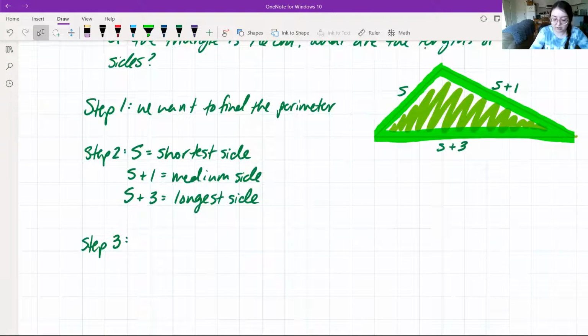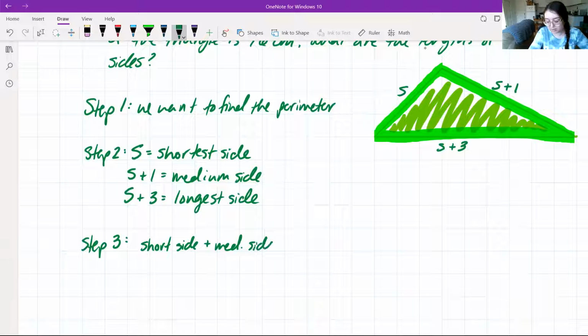So in our equation, we're going to have the shortest side plus the medium side plus the long side, and this is equal to our perimeter.